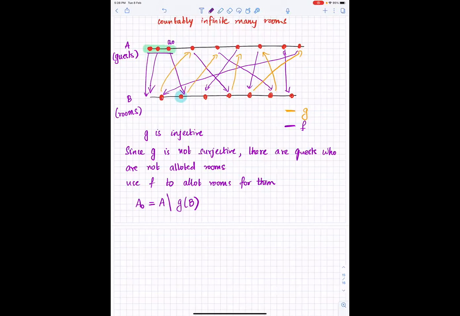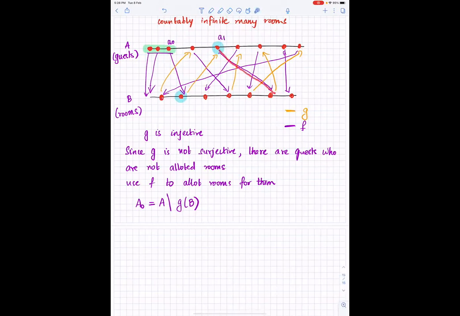Exactly. That room might be occupied by someone else, right? And who is that someone else? This person. So one thing you can try is I will allot A0 to this room, but there was someone occupying this room. So who is that? This person. Let's call him A1. Where should A1 go now?